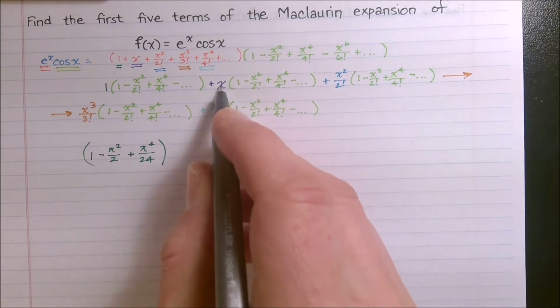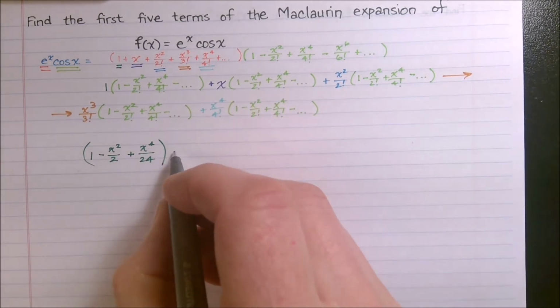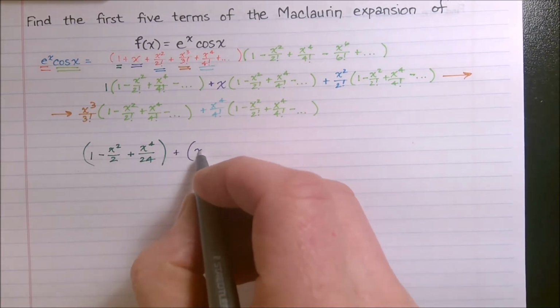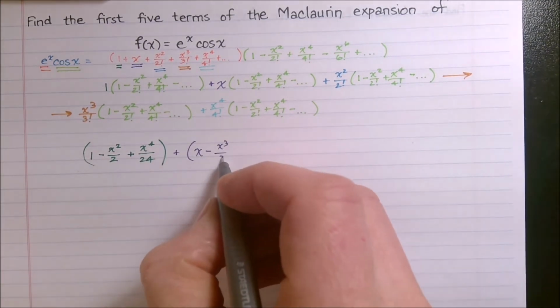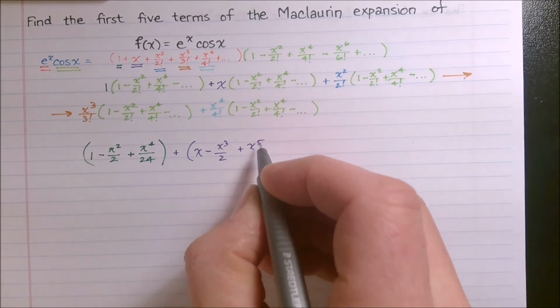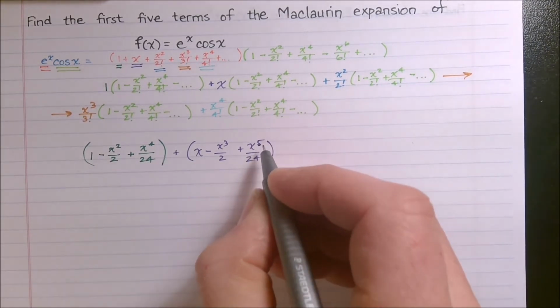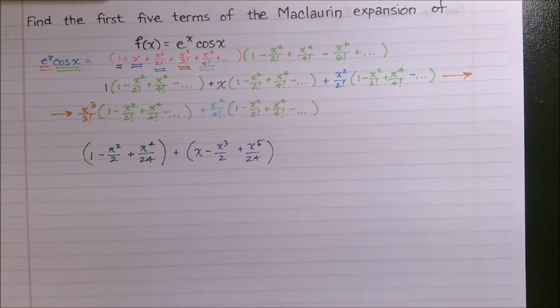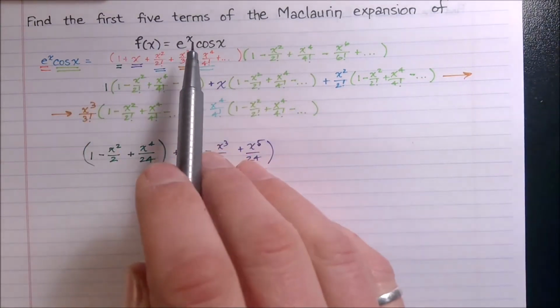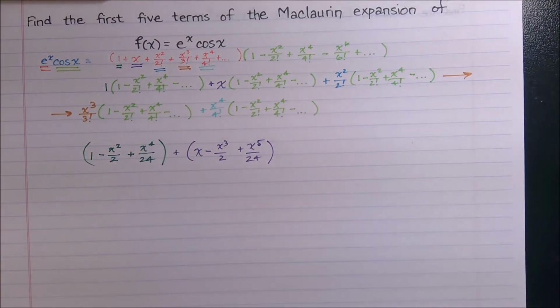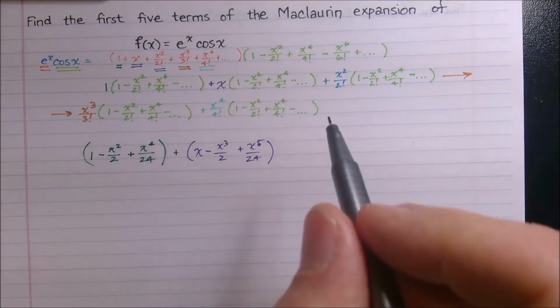The next piece, when I distribute that x in, I'll have x minus x cubed over 2 plus x to the fifth over 24. Again, I'm stopping there because the next term would have been x to the seventh. Of course, it's not that it doesn't exist, but I'm stopping because of the instructions here, right? I'm not expanding the entire thing. I'm only finding the first 5 terms, right?